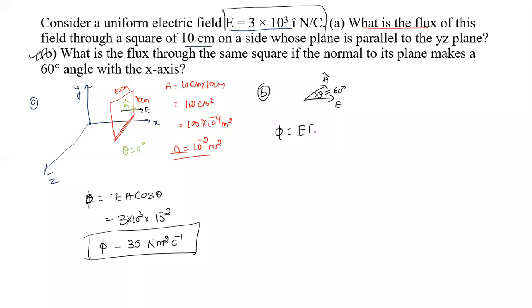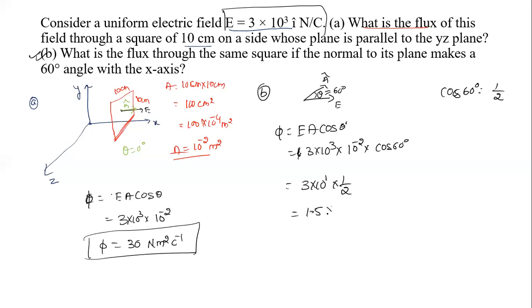Flux equal to E A cos theta. So electric field E is given. Let me insert the values. 3 into 10 power 3, area is 10 power minus 2, into cos 60 degree. Do you remember students what is the value of cos 60 degree? It is 1 by 2. So it will become 3 into 10 power 1 into 1 by 2. 3 by 2 means 1.5 into 10.